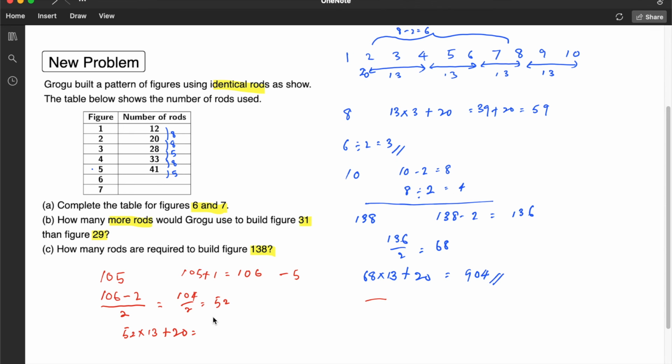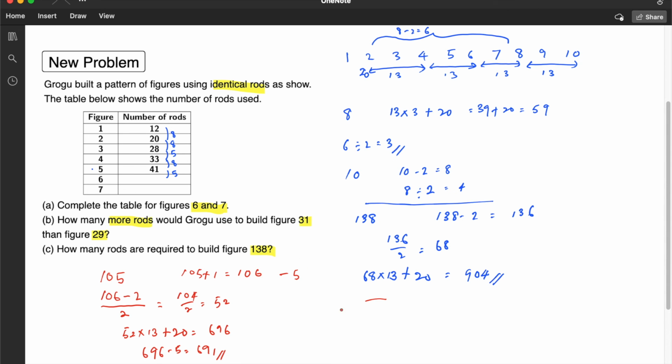I believe you're going to get 696. And as explained earlier, we need to minus 5 because we are going backwards from 106 back to 105. So the final answer is 696 minus 5. This is equal to 691.